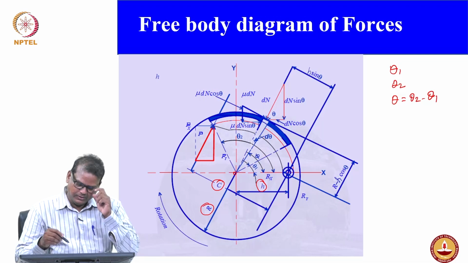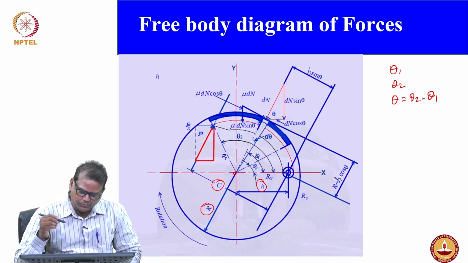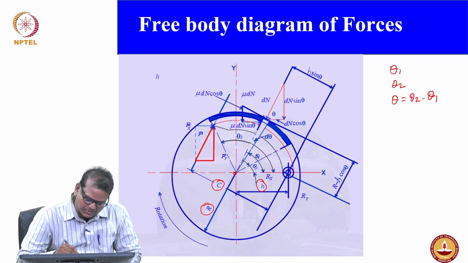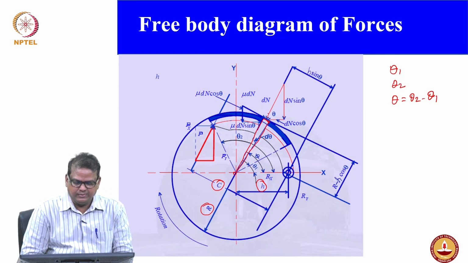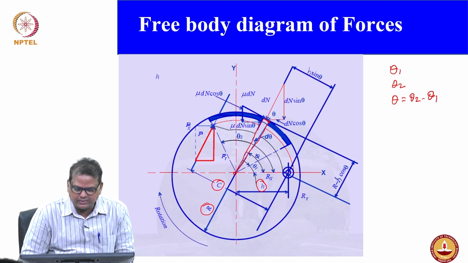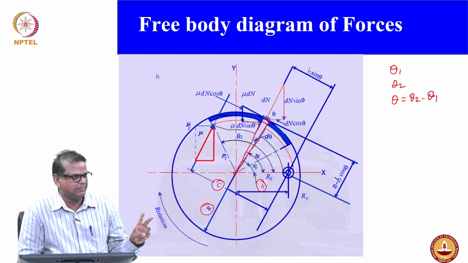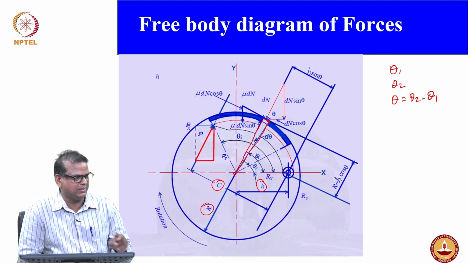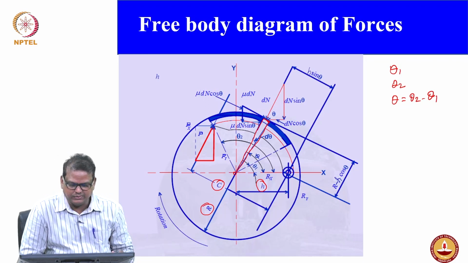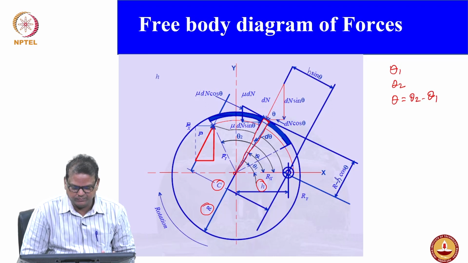To further understand what we do, we will take a small strip, d theta, and then try to do the force balance. As I already said, there are two forces acting on the shoe: the normal force and the frictional force.